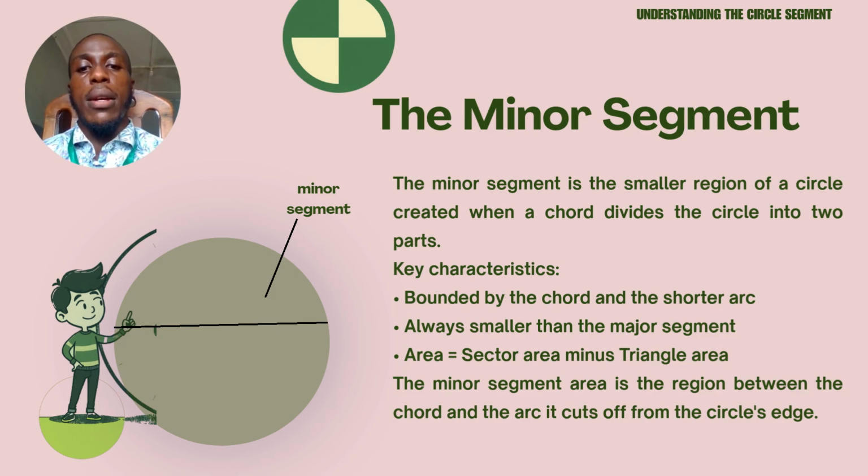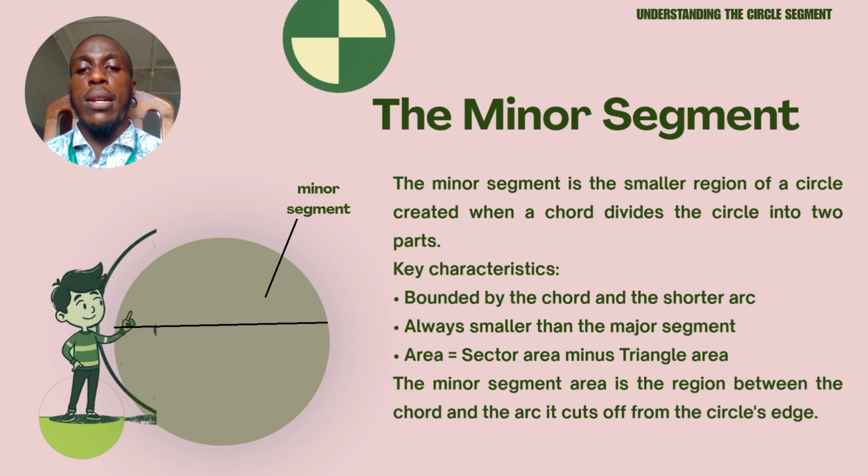The minor segment area is the region between the chord and the arc, and it cuts off from the circle's edge. So the number one way for you to know that this is a minor segment is that it is always smaller than the major segment.